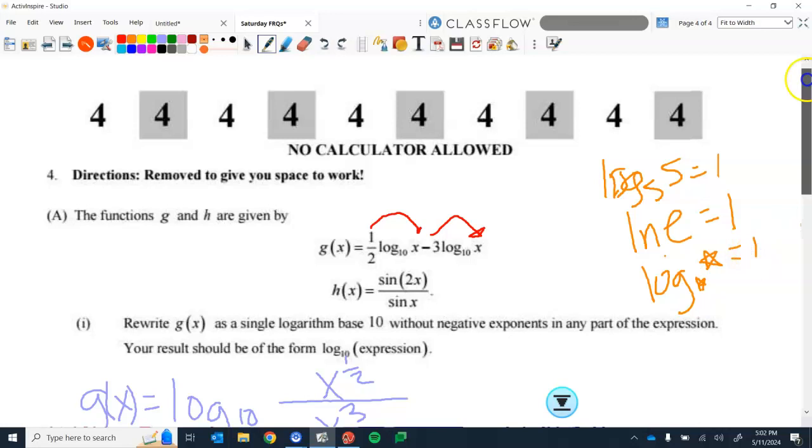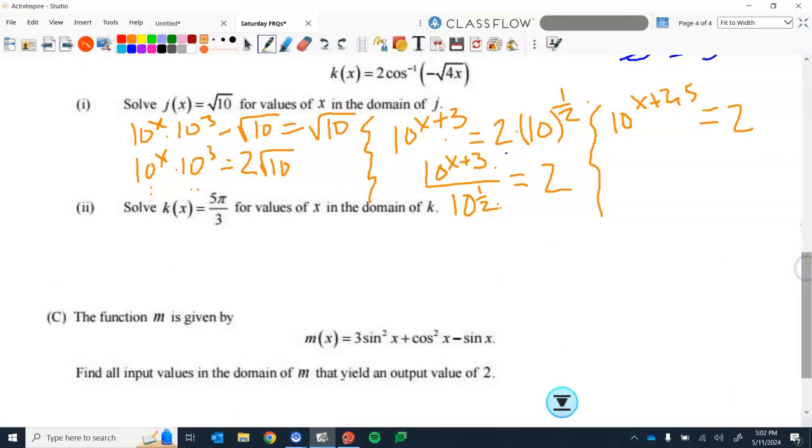So what I can do here is I'm going to have to take the log of both sides. I would really like the logs to take care of themselves over here, so that that x plus 2.5 can come out in the front. So if I take the log, and that can just be a common log because that's base 10, log of 10 to the x plus 2.5 power equals the log of 2.